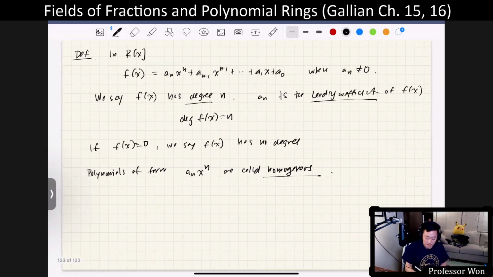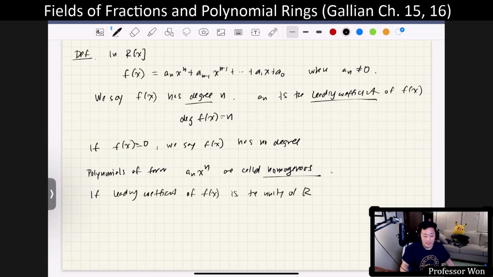Let's continue. If the leading coefficient of f of x is the unity of R, of course here I'm assuming that R has a unity, then we call f of x a monic polynomial. So a monic polynomial is one whose leading coefficient, the coefficient of the largest degree term, is 1.